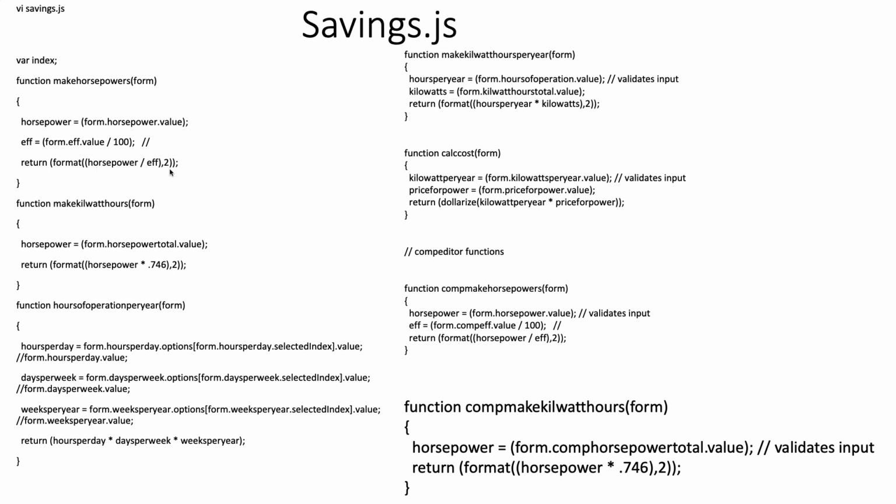So while the form looks fairly sophisticated, it's not a really complex formula. We also have a way to make kilowatt hours, and so horsepower is equal to the horsepower total value, and return horsepower times 0.762 to two places, which is the function that gets you back to kilowatts, and so forth.